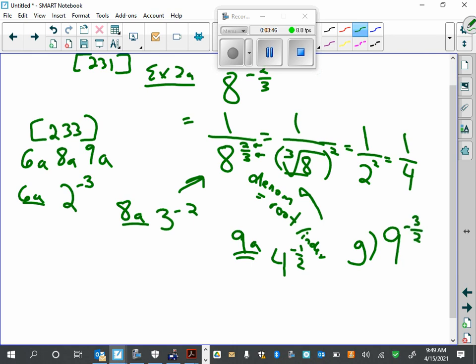So do those, please. 6 and 8 are review. 9 is using this example. What do you do? You have a negative rational exponent, you just go 1 over, 1 over, 1 over. Done.